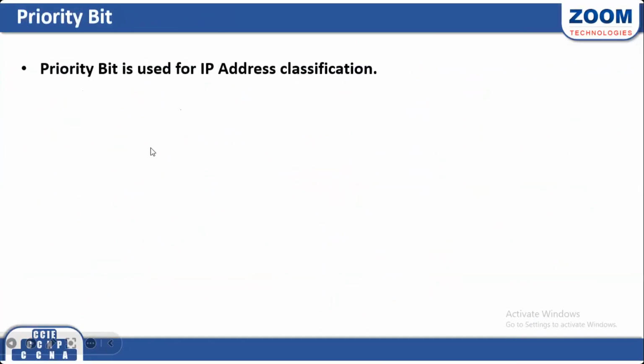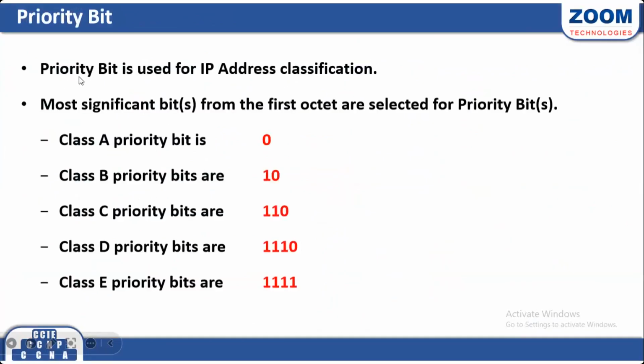And actually this priority bit is present only in the first octet of the IP address, because there are 4 octets. It means the priority bit is not present in the second, third and fourth octet. It is present only in the first octet, so the most significant bits from the first octet are selected as priority bits.